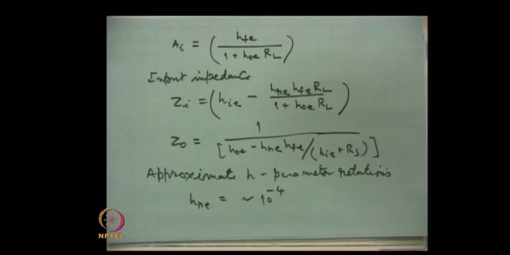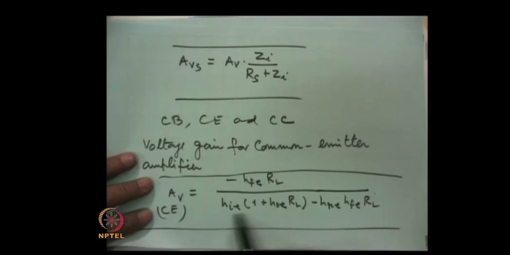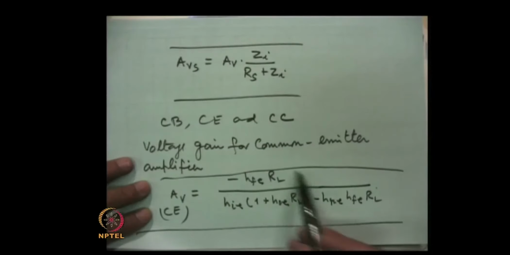That means the effect of the output voltage at the input side is very weak, and many times this can be dropped. If we drop that, then our expression, for example, for voltage gain can be drastically simplified. This HRE is extremely small, and the relation then becomes only this much.